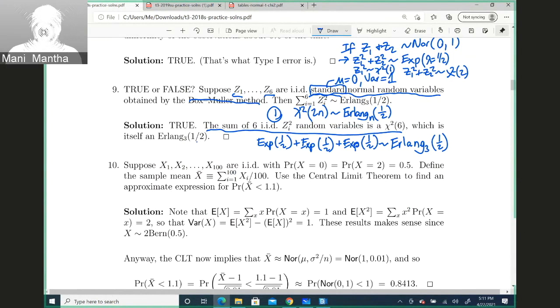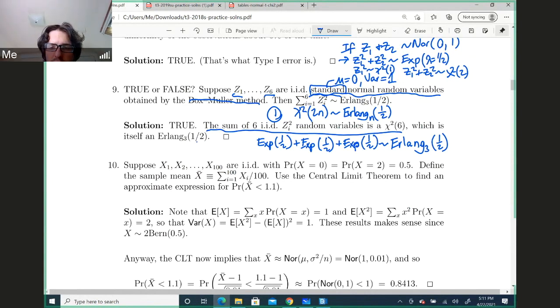In that case, it's not going to be a nice Erlang variable, because this whole exponential requires pairs of standard normal random variables. If you have fewer than a pair for the last thing that you're adding, then you're adding something else weird, and it's not going to easily decompose into a nice variable like this.